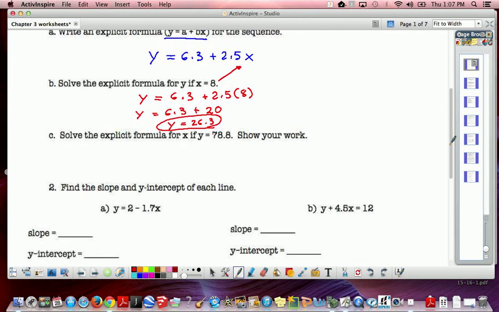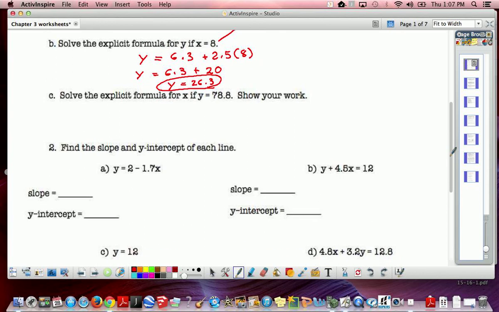Then in part C, part C then asks you to take the explicit formula and solve for x if y is 78.8. So now I'm going to replace the y value with 78.8. So I'm going to say 78.8 equals 6.3 plus 2.5x, because x is what I want.